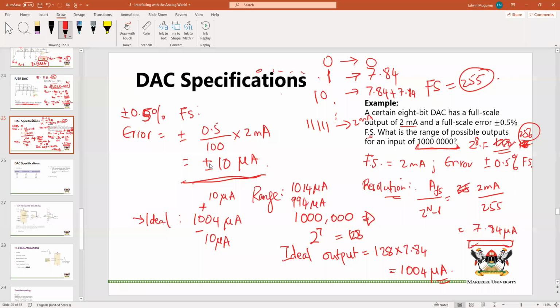So that is the range of possible output values. The output value would be anywhere between 994 and 1014 microamperes, but the ideal value is 1004. It's just that you have a plus or minus, and the accuracy can go up or down. That's why it's plus or minus, which brings that kind of error.